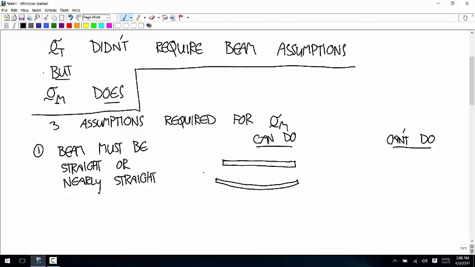But as you get farther from straight, the assumptions that this math is based on get worse. So we can't do the curved part of a hook here.